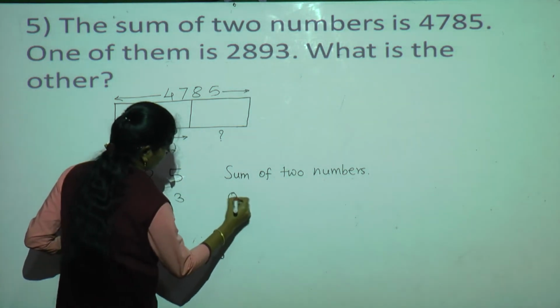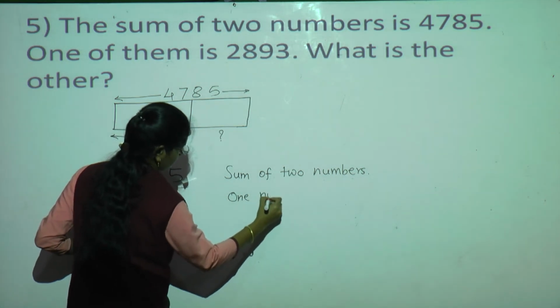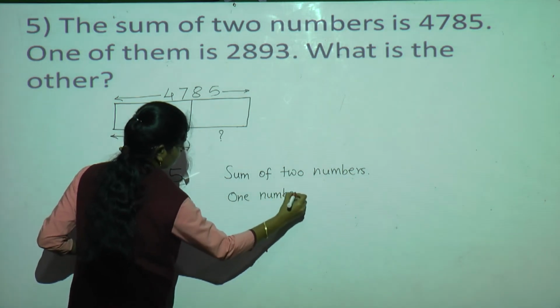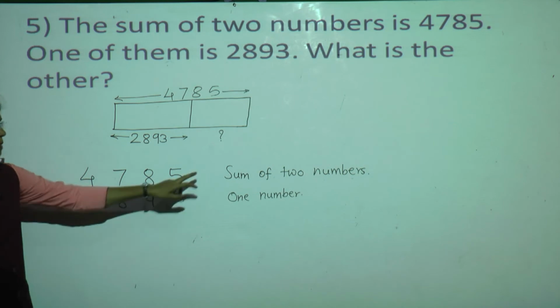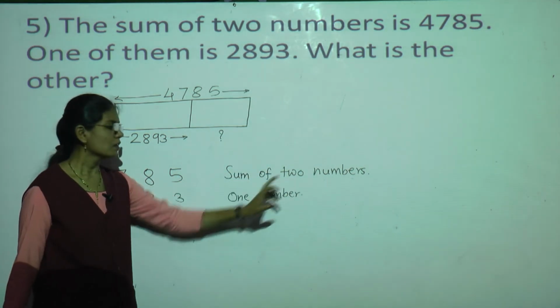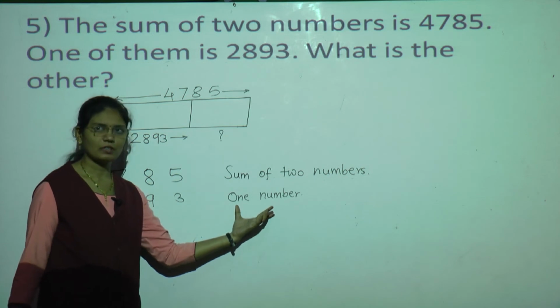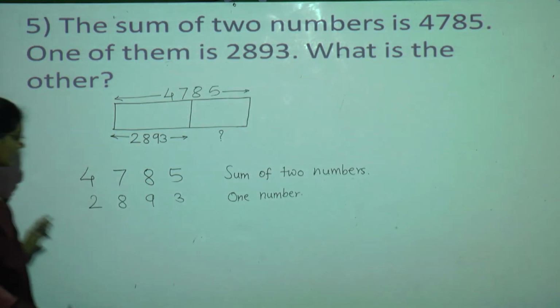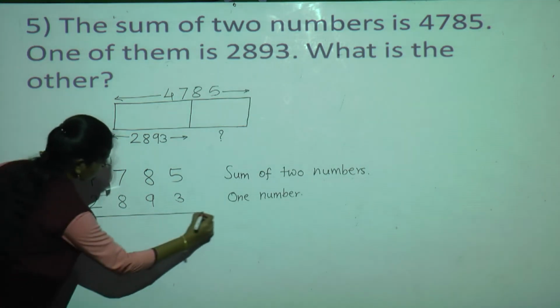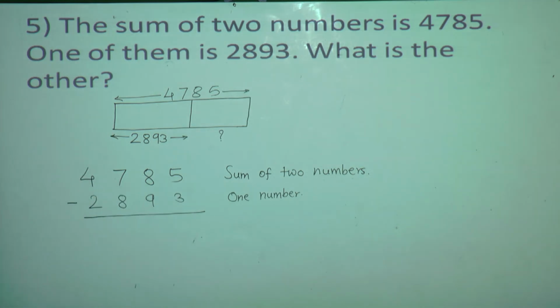This is one number. Now here sum of two numbers means we have to find out the other number. Why? Because one number it is given. Okay. Now we have to find out the other number. For that we will do the subtraction.